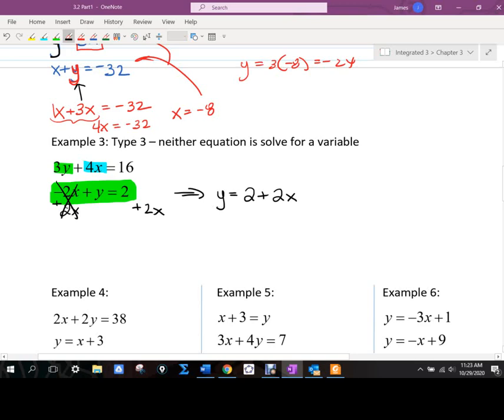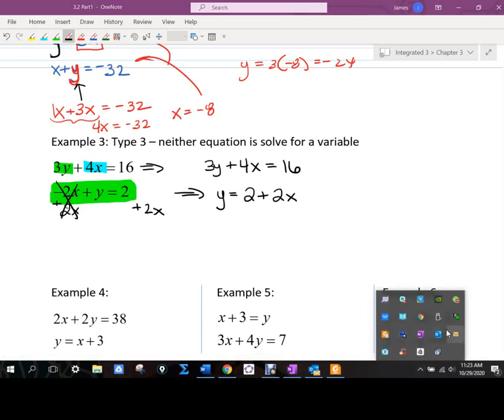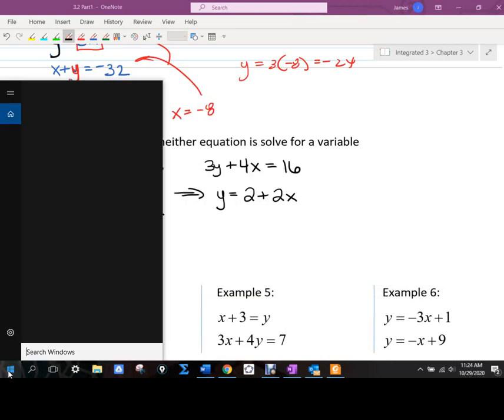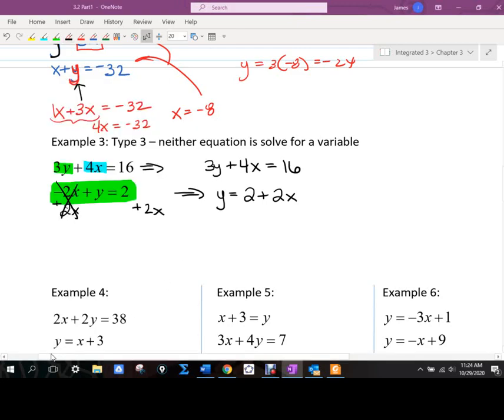We good? Okay. So now this top equation, I didn't do anything to that yet, so I'm just going to rewrite it over here: 3y plus 4x equals 16. So now that I have these two equations, do you see a y right there in that top equation?